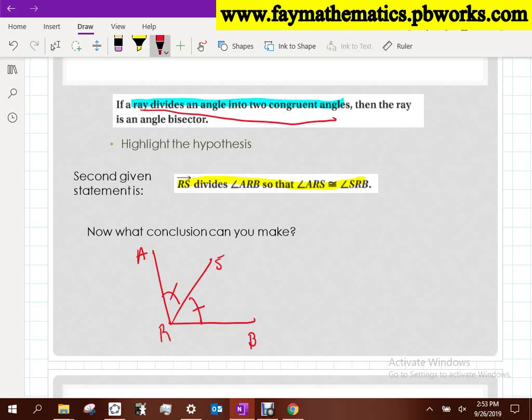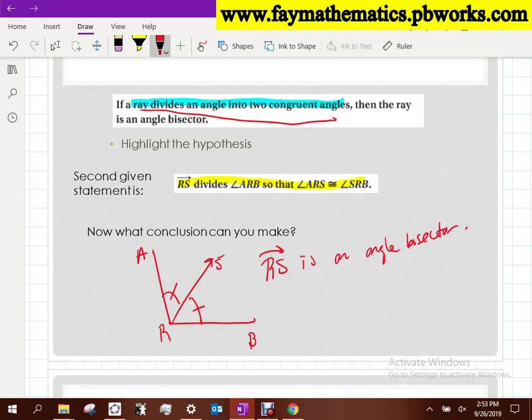RS in that red picture is providing me two congruent angles. It's taking a bigger angle, ARB, and it's providing me two congruent angles. Then, because this matches that hypothesis, I can make an argument that ray RS is an angle bisector. Okay? Is that all right with everybody?